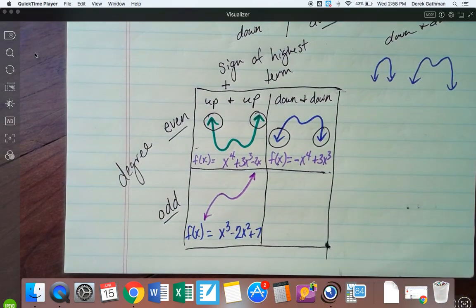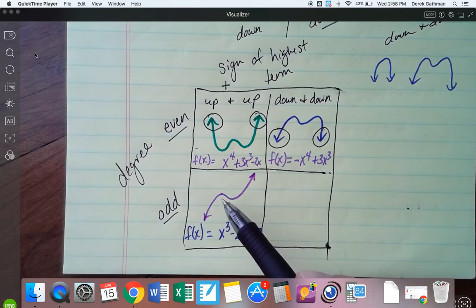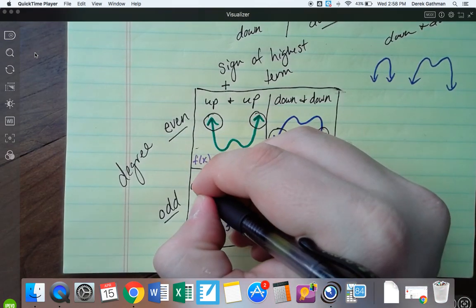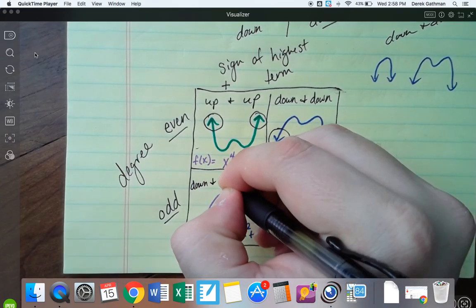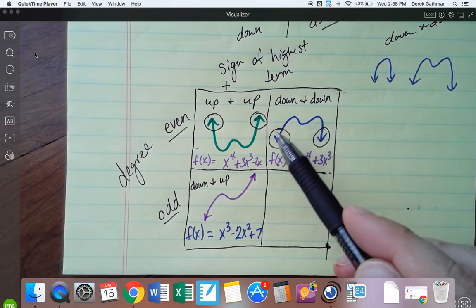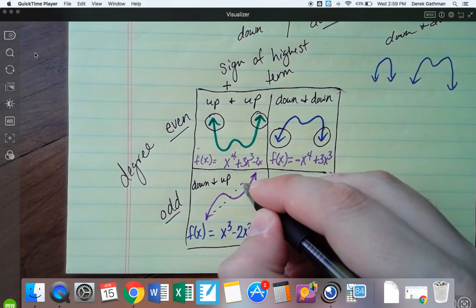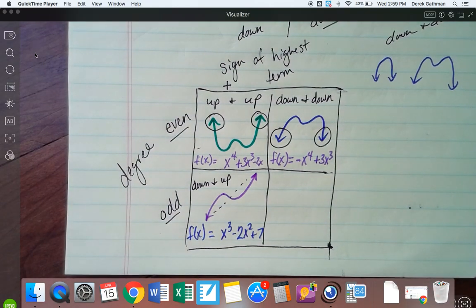So odd functions go in different directions. So I've got down and up. And I think of my positive one as having a positive slope. So if you think of your linear functions, it's kind of like a positive slope. So maybe that's a way to remember that.